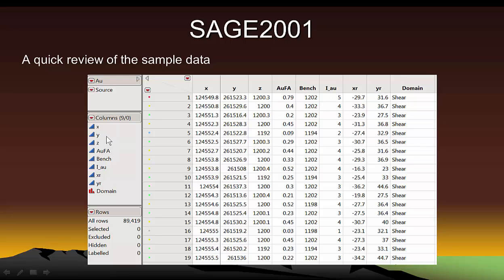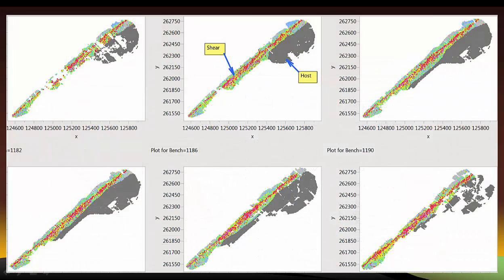Domain wasn't shown in the video Variography with Sage 2001 Part 1, so that's primarily why I am reviewing the data set here. So let's look at the level maps of the data and see how the domains are defined.